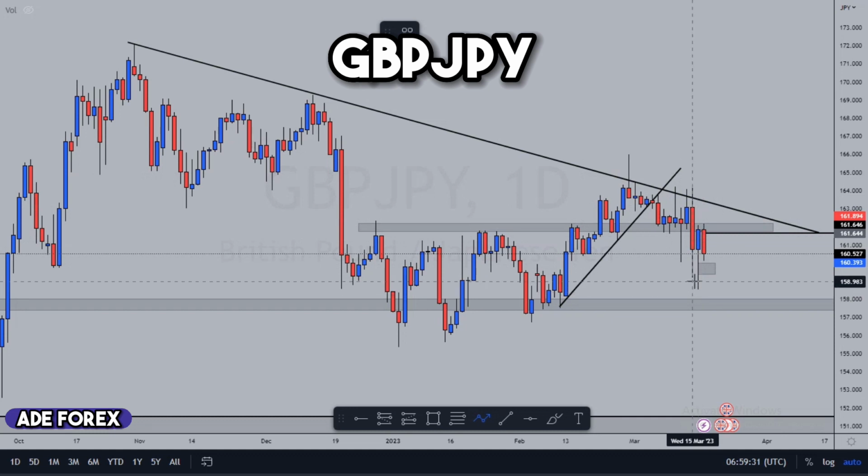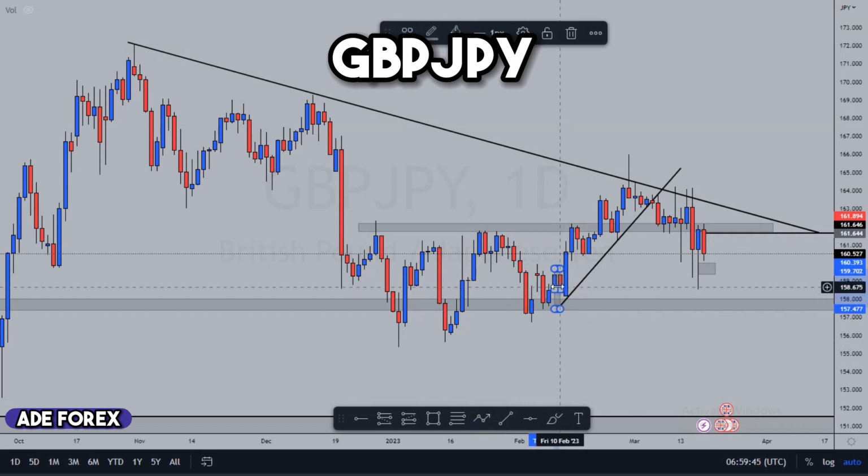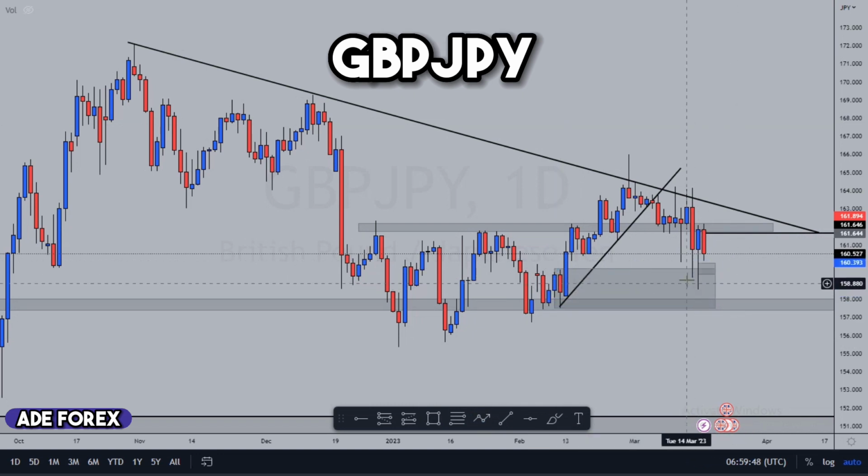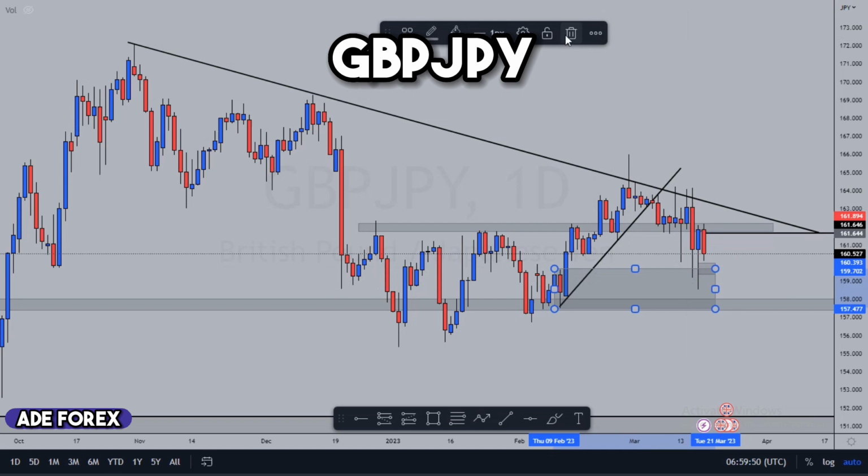It tanked, right? It tanked and tapped into this, oh sorry, I thought I was using my rectangle tool, and tapped into this order block right here, right? It tapped into this order block.